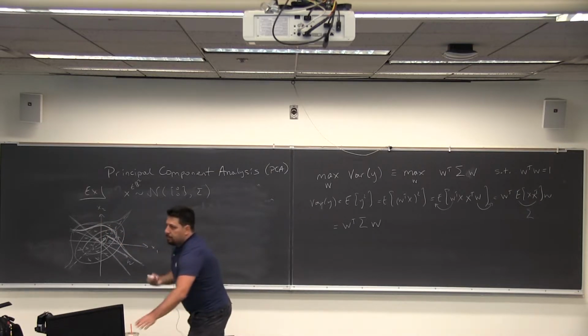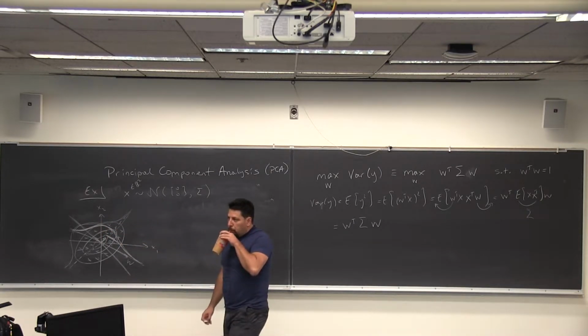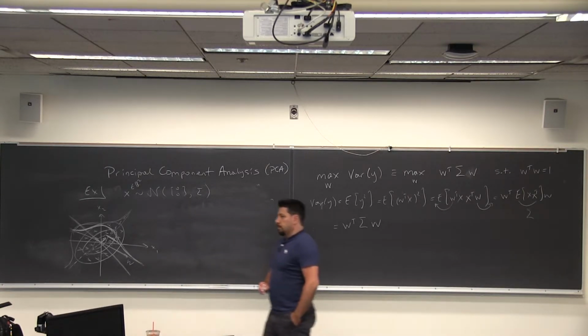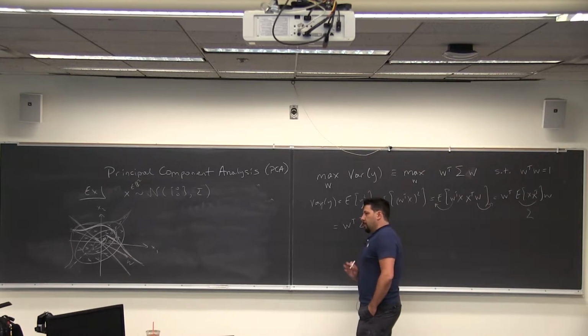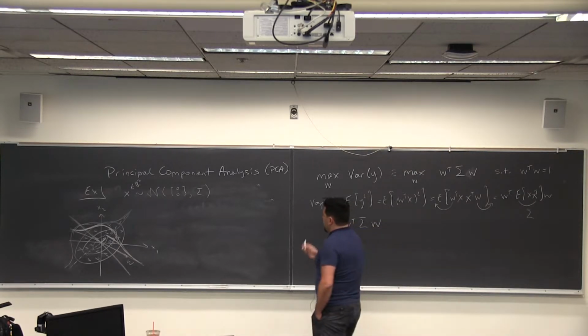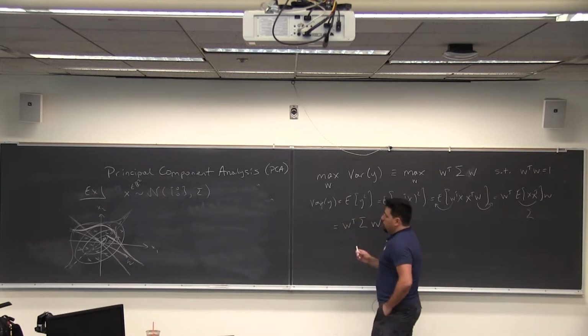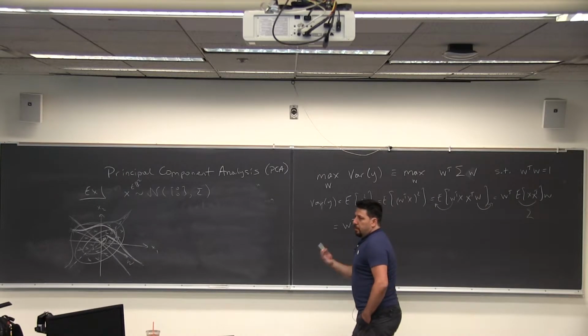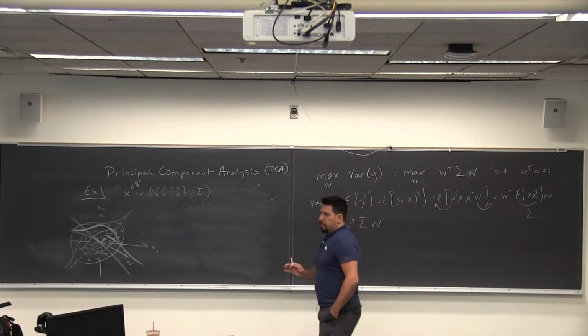So, yes, the point of PCA is to be able to look at high-dimensional data in smaller dimensions. That's why I called it a dimension reduction method. So my goal is to reduce the dimensionality of data while maintaining variance maximally.